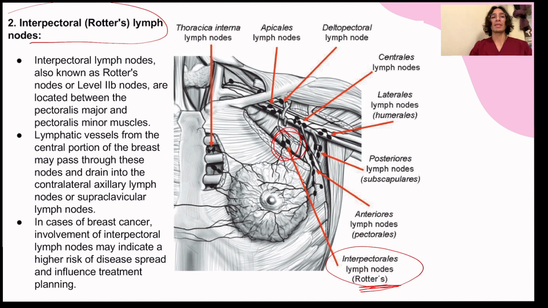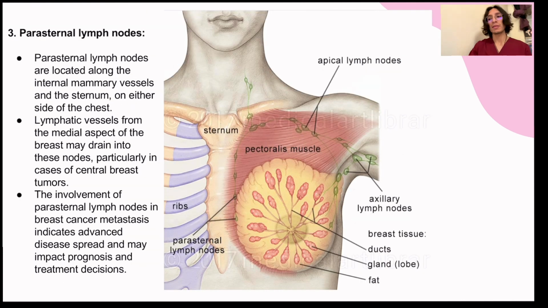Lymphatic vessels from the central portion of the breast may pass through these nodes and drain into the contralateral axillary lymph nodes or supraclavicular lymph nodes. In cases of breast cancer, involvement of interpectoral lymph nodes may indicate a higher risk of disease spread and influence treatment planning. The parasternal lymph nodes. Here.